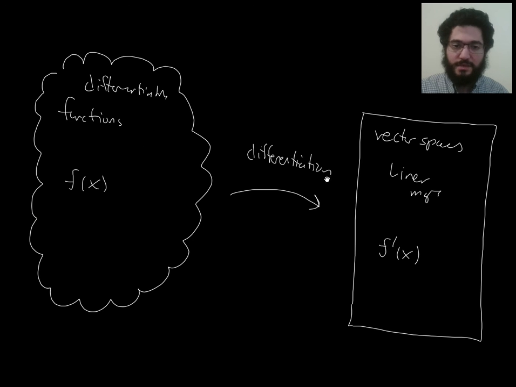If you're using this arrow of differentiation to take messy problems from here and turn them into simple problems and then solve your simple problems here, then how can you go back and turn your statements about derivatives back into statements about the messy things that you started with? You need a way to go back and turn statements here into statements there in order for this arrow to be a reasonable way of solving messy problems. That is one of the things that the inverse function theorem does.